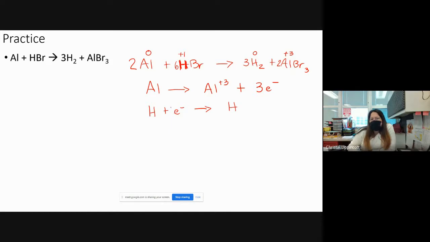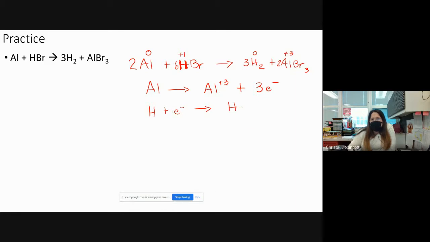Oh, does it pick up 2 electrons or 1? Yes, we can multiply the bottom by 2. No, that's not going to work, will it?